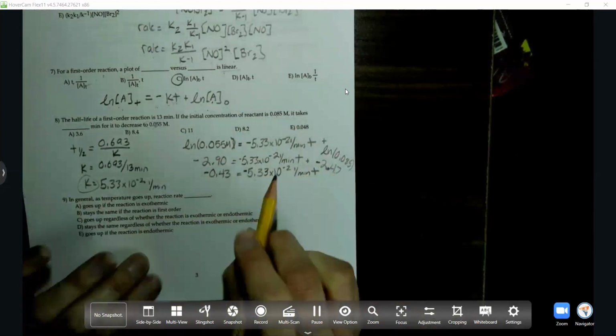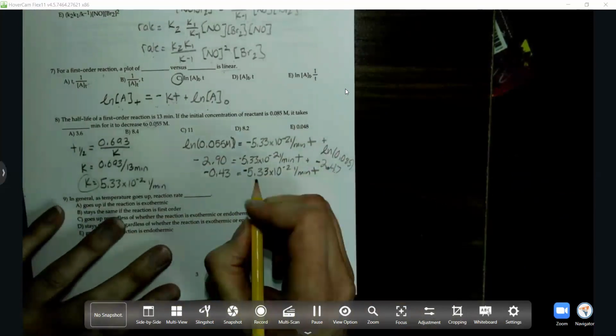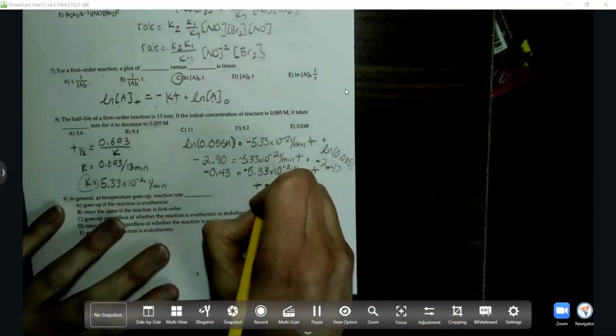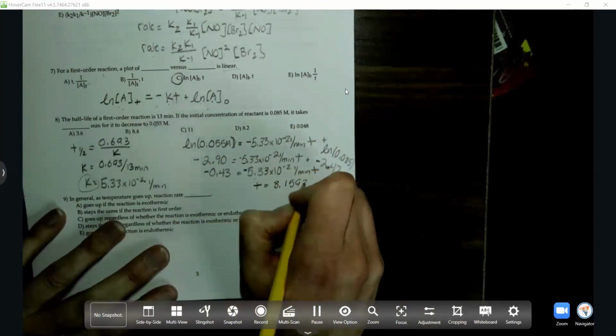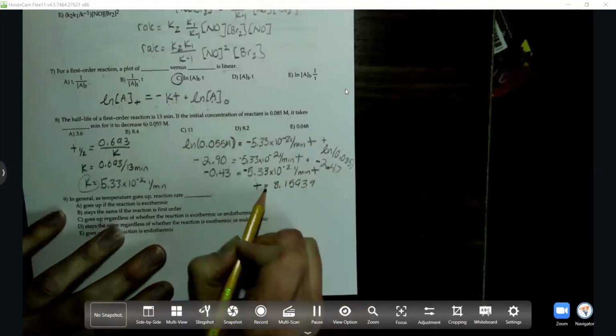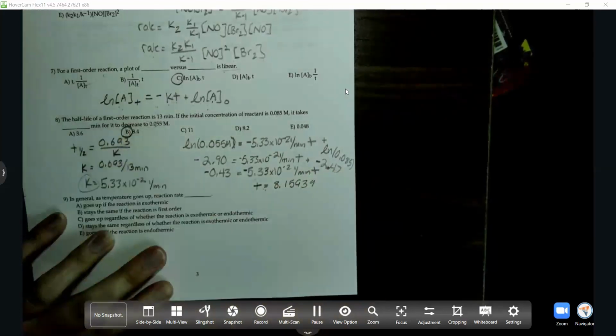And then we're going to divide both sides by 5.33 times 10 to the negative 2. And we're going to get our t is equal to 8.15939. So our answer is letter B.